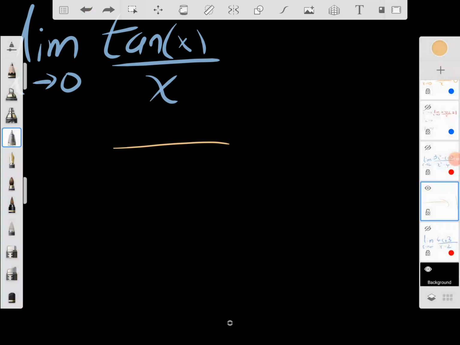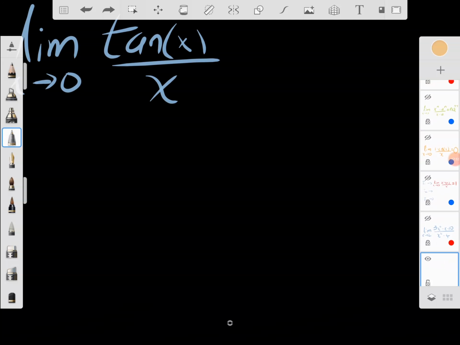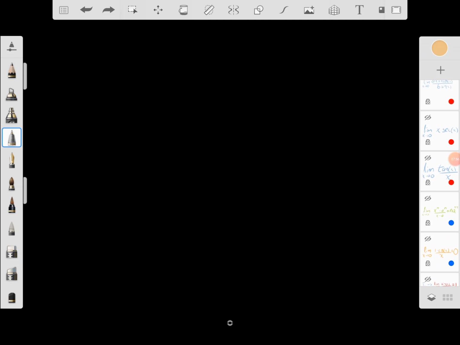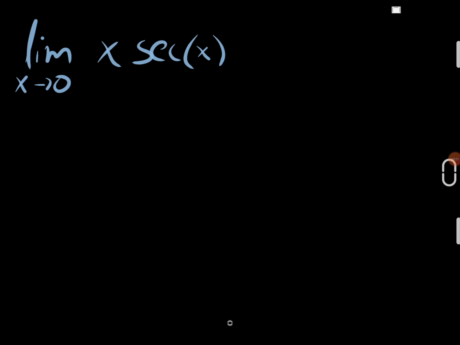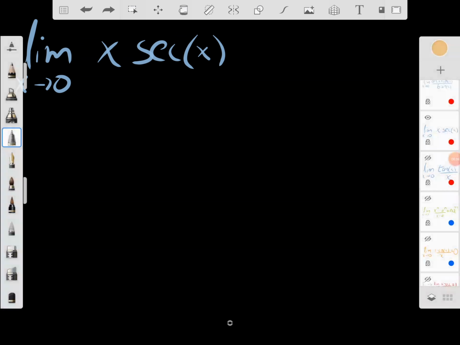Now, okay, now let us go to another question. Limit x tends to 0, x into sec of x. Again, let us just apply what we studied, and let us see.